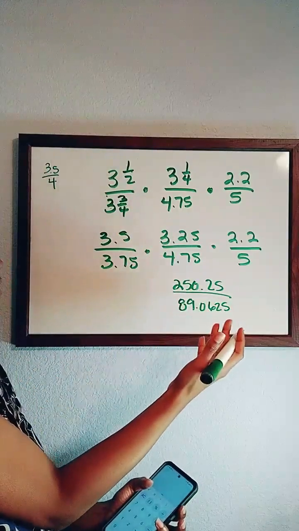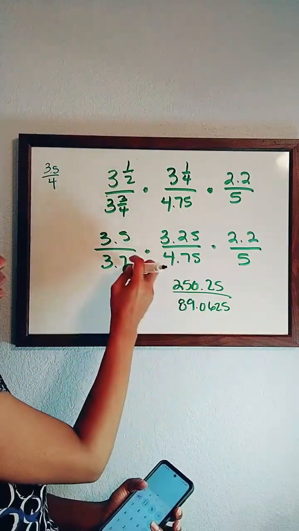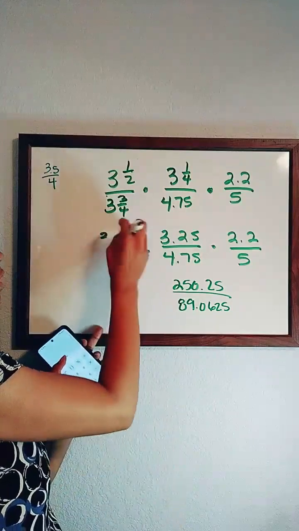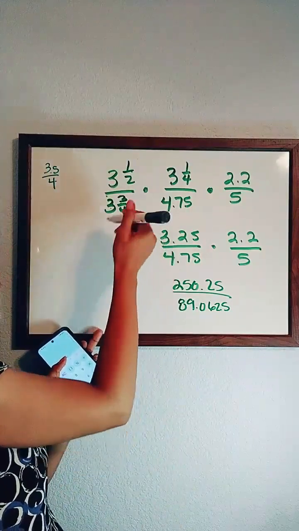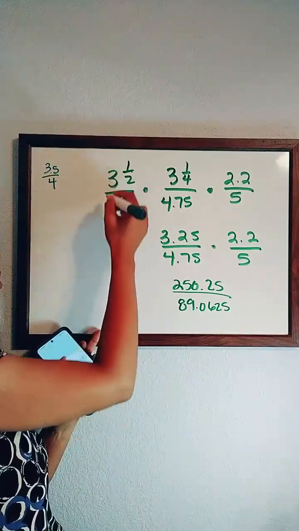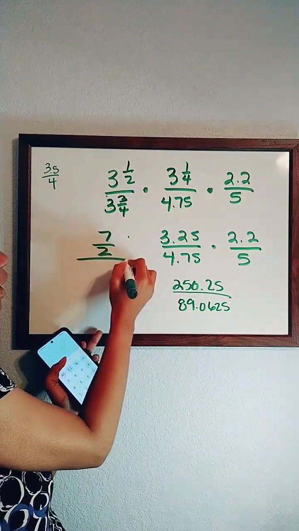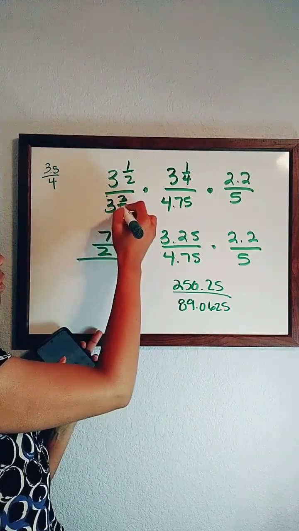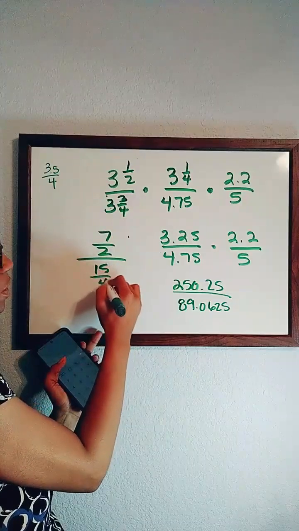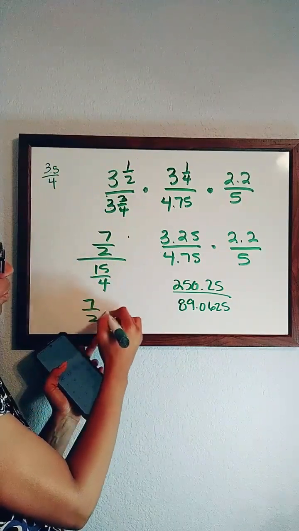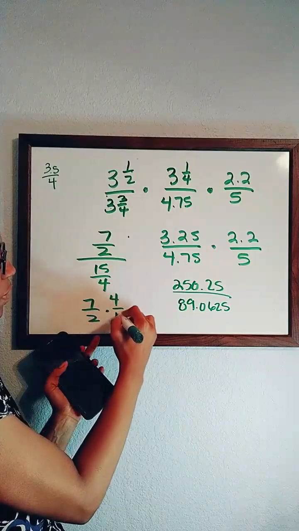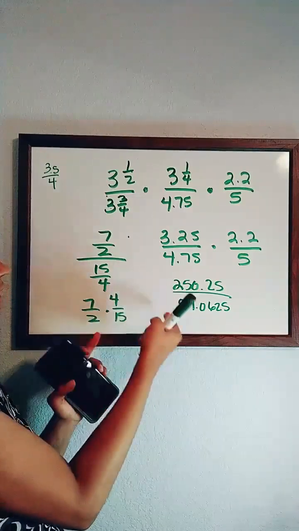So for instance, this will end up being 2 times 3, which is 6. So this will be 7/2 divided by 15 over 4. Then it would be 7 over 2 times 4 over 15. So you have to end up flipping everything, then multiplying it off.